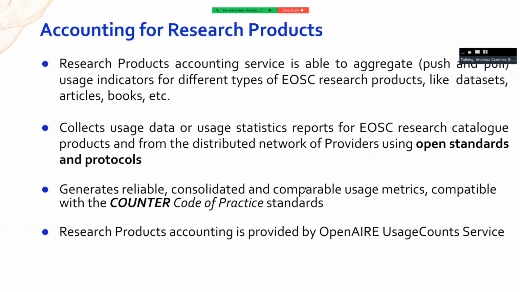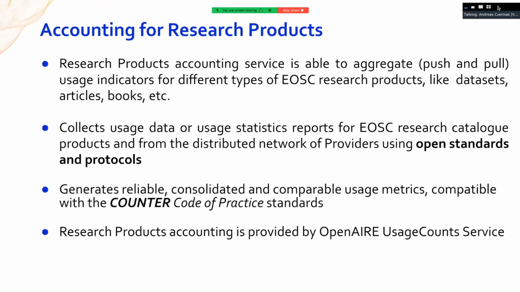The research product accounting aggregates two different types of usage indicators that we have in the scholarly field at the moment for different types of research outputs.